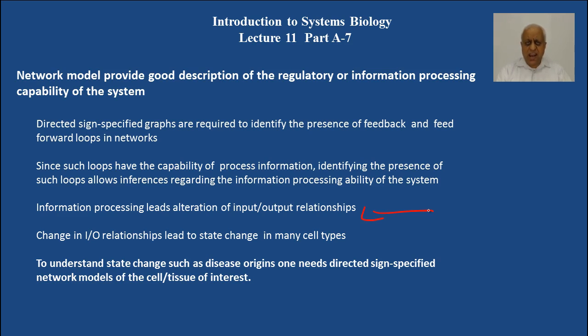To understand the changes in cell state, and consequently such as the origins of disease, one needs to have directed sign-specified networks of the cells and tissues of interest. And this is a major requirement which will enhance our understanding at a systems level, and is an active area of research by many researchers in the systems biology of various cells, phenotypes, and diseases.